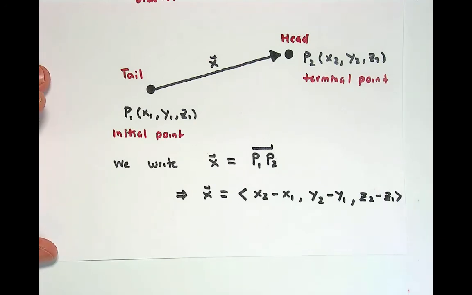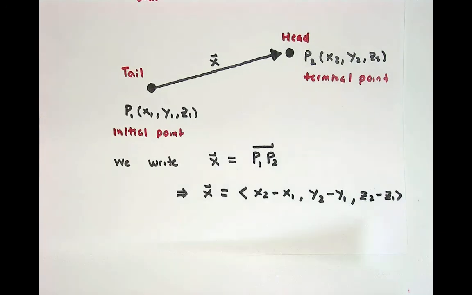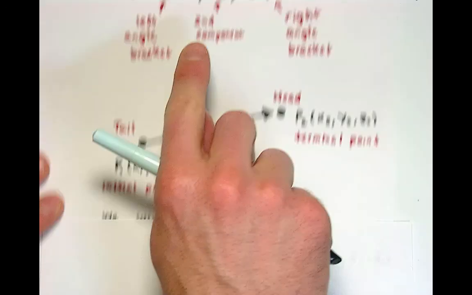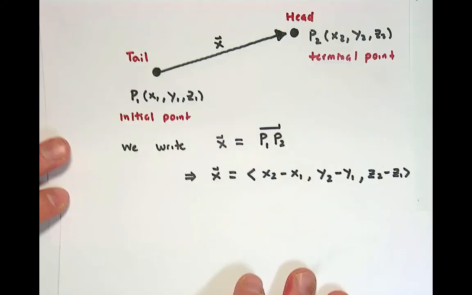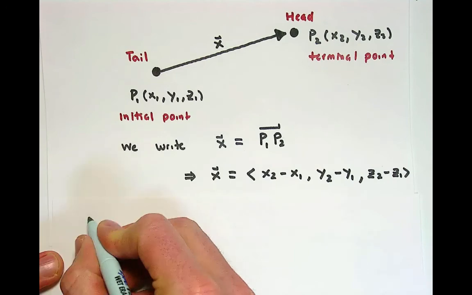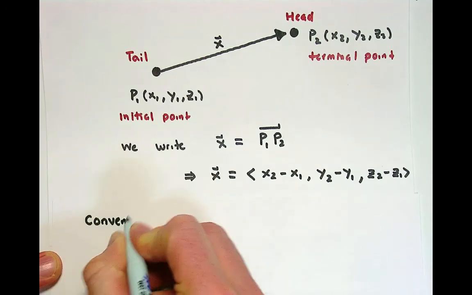Recall, there are an infinite number of vectors that have components A, B, and C, unless you are specifically told. So this is a convention that is useful to remember.